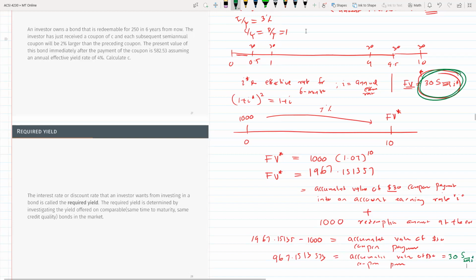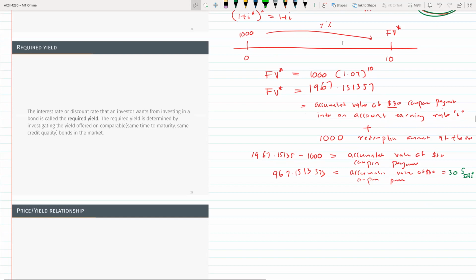I star is the 6-month rate. We need I actually, but we have 20 periods. So now let's use our calculator to find the rate. I have future value 967.1513573. I have payment 30. Since we are depositing what we receive, the coupon amount, back again, it should be negative.